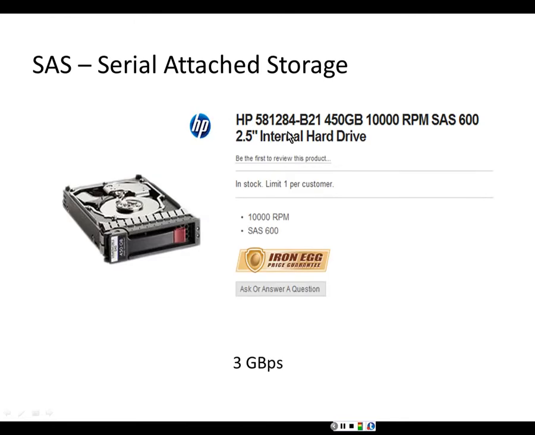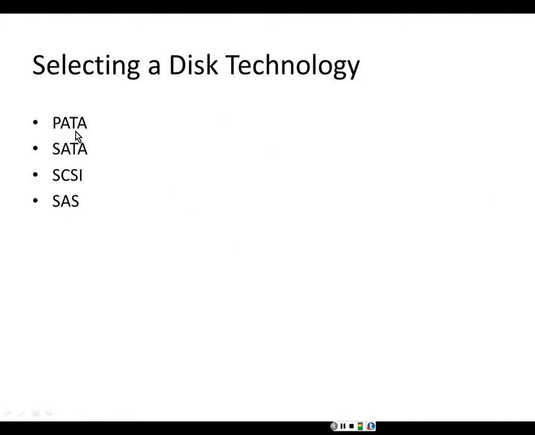If we look at Hewlett-Packard's SAS hard drive, we see it runs at 10,000 revolutions per minute, giving us a throughput of 3 gigabytes per second. So this would be on more high-end systems. So old PATA, not really used that much, SATA, SCSI, and SAS.